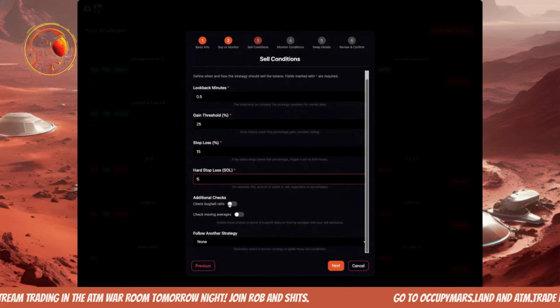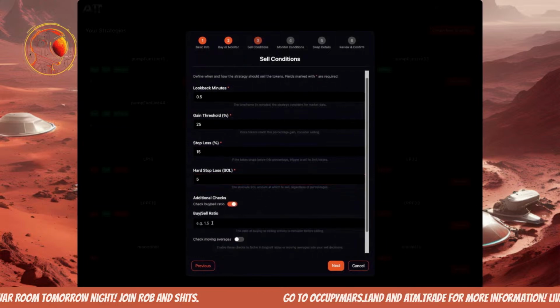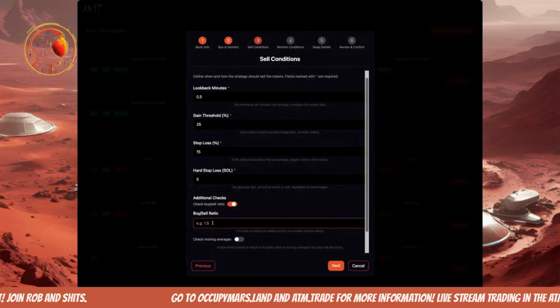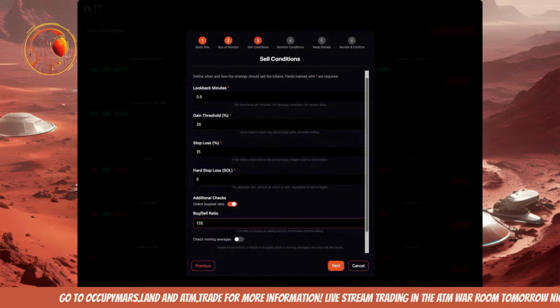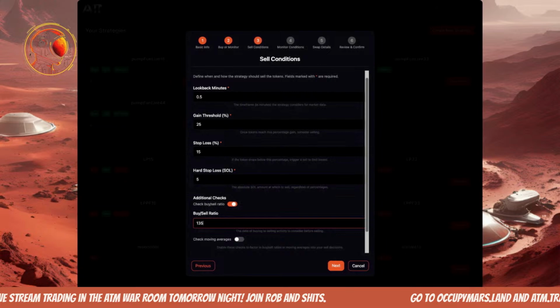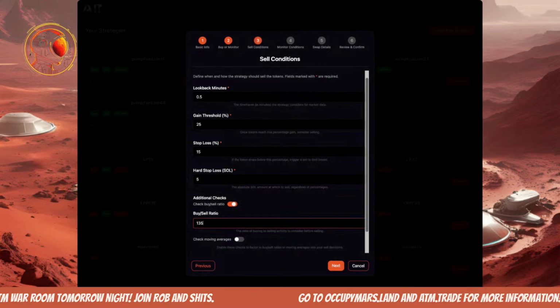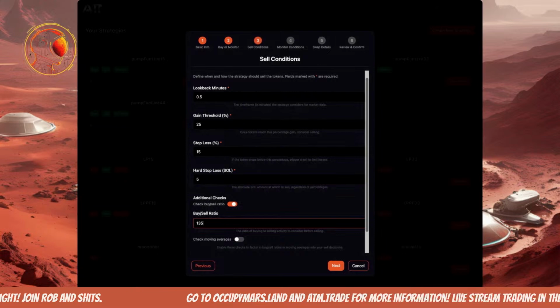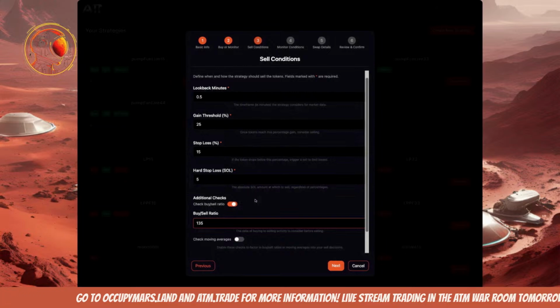Other strategies for triggering a sell is the buy to sell ratio. I like 135%, which is more sellers than buyers, but it's in a half a minute, so that's when it starts to round that corner. If it keeps up on that, it's going to round the corner and it's going to drop. So I like 135%.